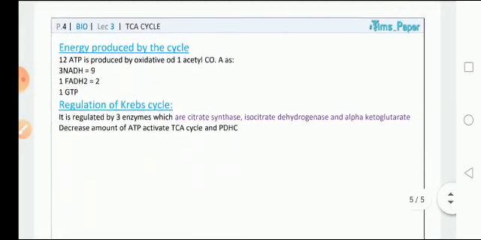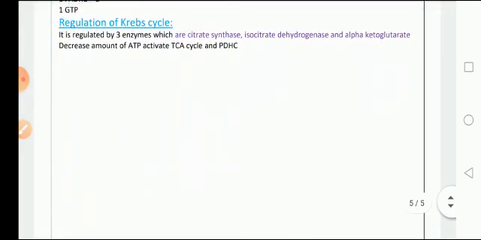As you have seen, the Krebs cycle is regulated by 3 enzymes. Citrate synthase, which actually was inhibited by the citrate, and isocitrate dehydrogenase, which was regulated by calcium and ADP, which stimulate it, while it's inhibited by ATP and NADH, and finally alpha-ketoglutarate dehydrogenase, which is inhibited by succinyl-CoA and NADH, while activated by calcium and ADP.